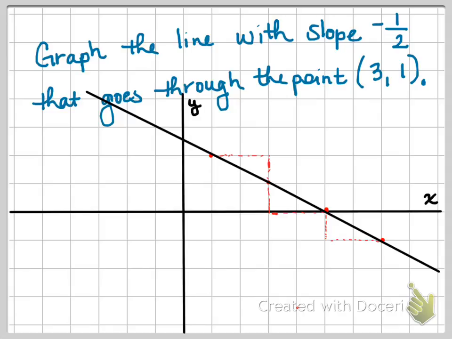So you'll notice that there are many other points. For instance, we've got this point here, and what is that point? That point is the point 2, 1.5. And how would we get that from 3, 1? Well, we could start at 3, 1.